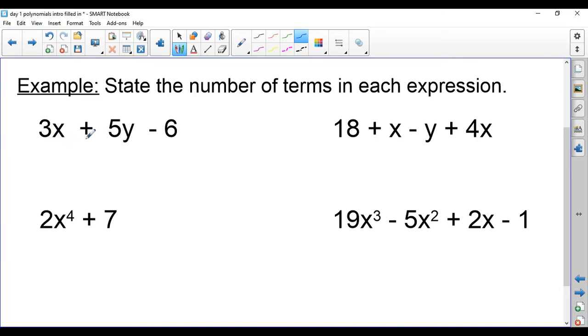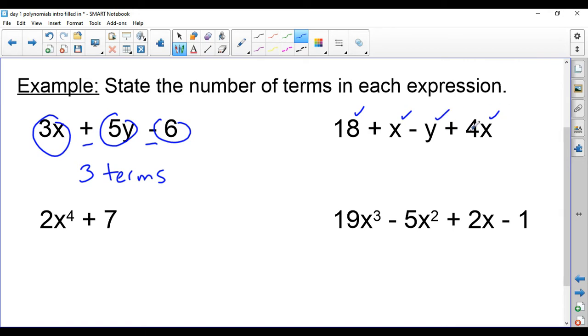This is 3x plus 5y minus 6. I have 1, 2, 3 things that are separated by addition and subtraction. So this has 3 terms. Here I have 18, that's one term, plus x minus y plus 4x.